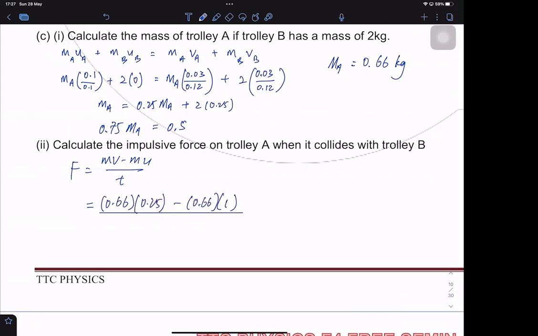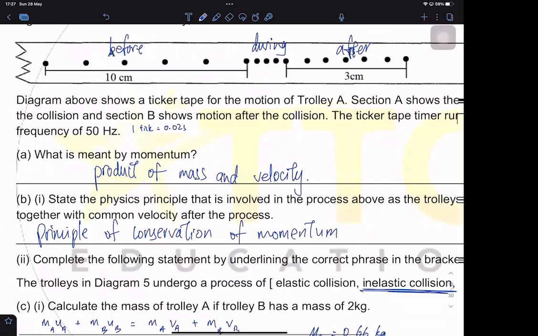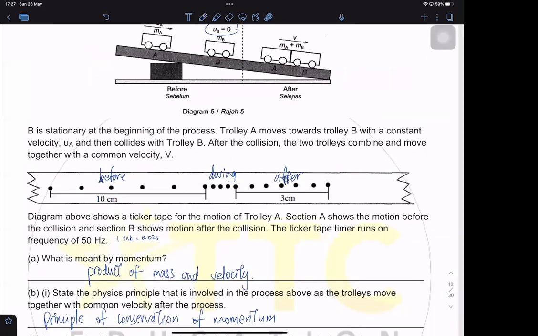Now, this time is a bit special. Because I said impulsive force is the force when you hit something, this time is basically the time of you hitting the thing. You see, this is the time before you hit, this is the time after you hit, and this is the time during you hit.